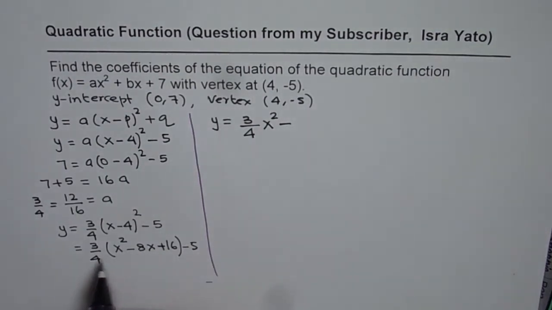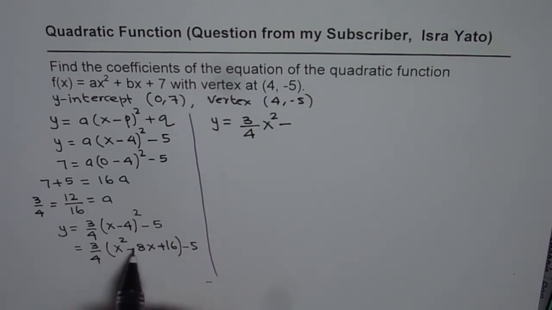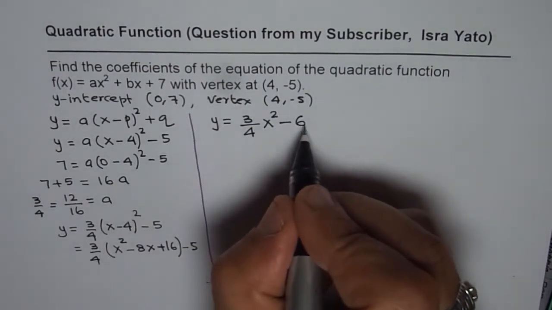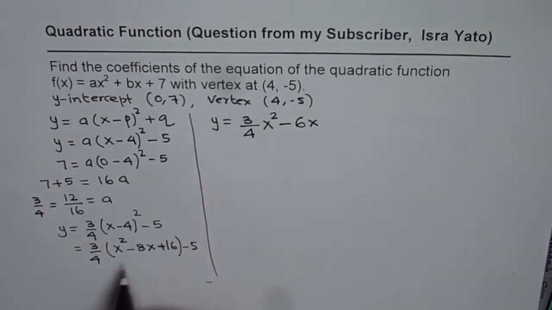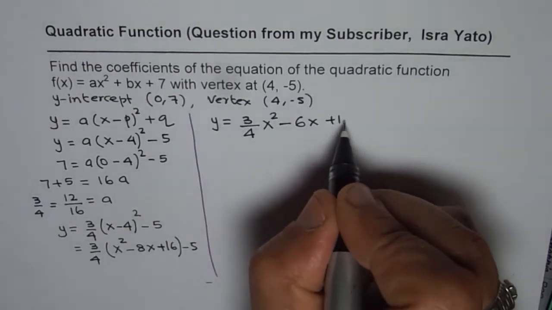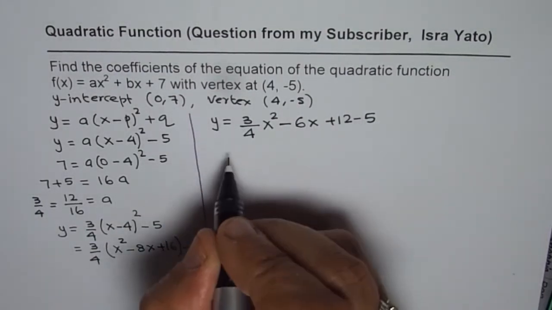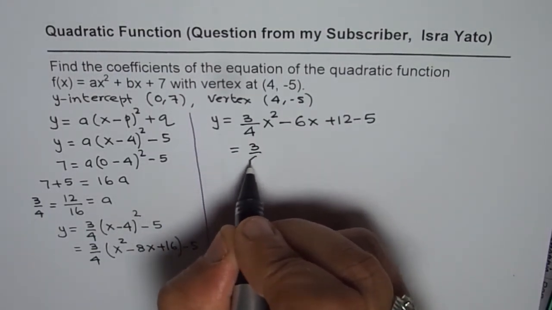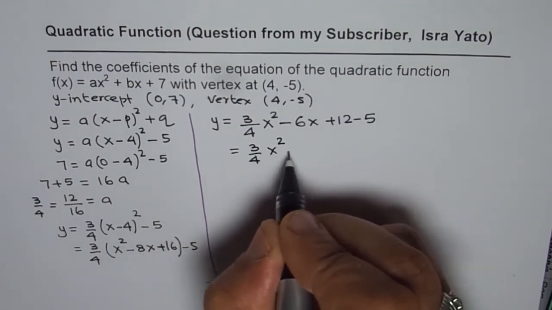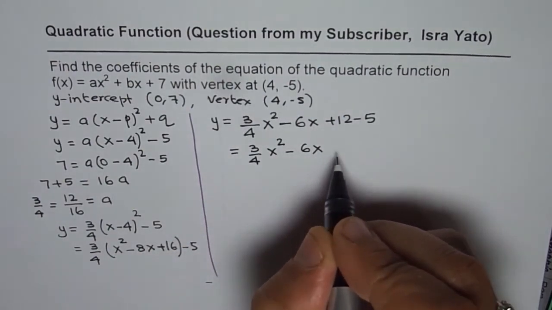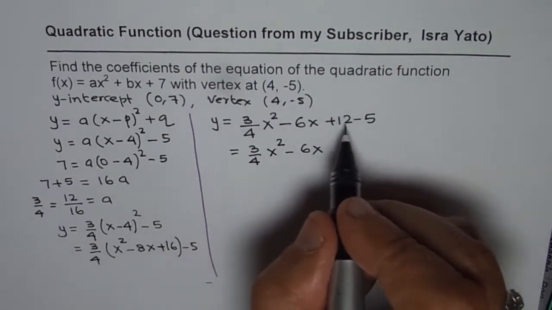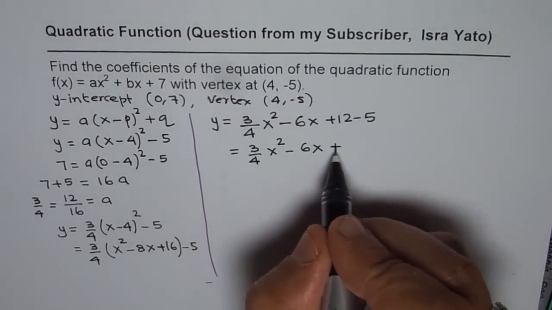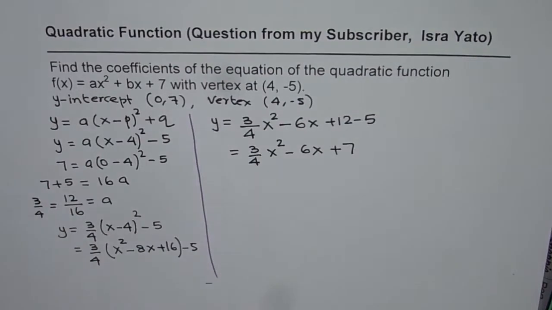Minus 8x times 3 over 4: 8 divided by 4 is 2, 2 times 3 is 6, so we get minus 6x. And 16 divided by 4 is 4, 4 times 3 is 12, so we get plus 12 minus 5. So that gives us 3 over 4 x squared minus 6x, and 12 minus 5 is 7, as expected.